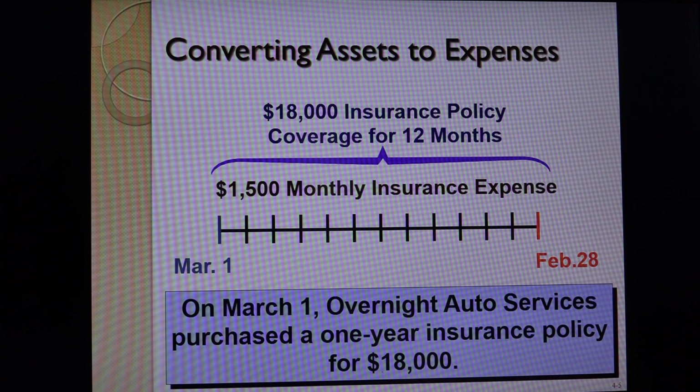On March 1st, in this example, Overnight Auto Services purchases a 1-year insurance policy for $18,000. So assuming they're on a calendar year end, well, first of all, they're going to book it as prepaid insurance, and then as each month clicks off, they're going to reduce the amount of the prepaid insurance account for the amount of the monthly insurance expense that gets used up.